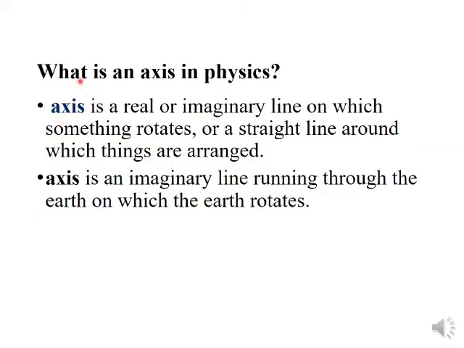So what is meant by axis? The axis is defined as a real or imaginary line on which something rotates, or a straight line around which things are arranged. For example, the axis is an imaginary line running through the earth on which the earth rotates.